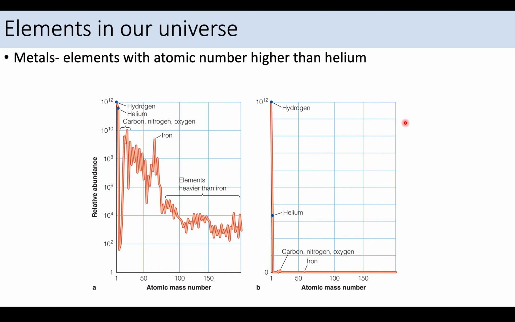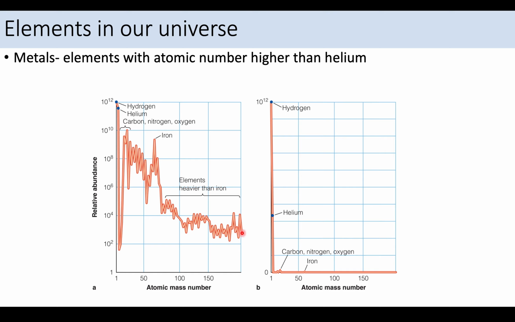If we look at a graph of relative abundance and atomic mass, we see helium very, very close to hydrogen. We see most of the elements in our galaxy is hydrogen. We knew that already. Almost everything is hydrogen. But everything after, or on this graph after, what we really mean is anything with a higher atomic mass than helium is considered to be a metal.